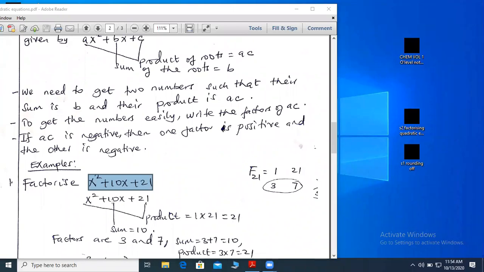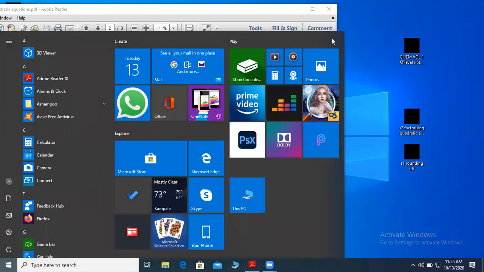Then the sum of the factors is b, which is 10. So we need two numbers which, when you add them, you get 10, but when you multiply them, you get 21.